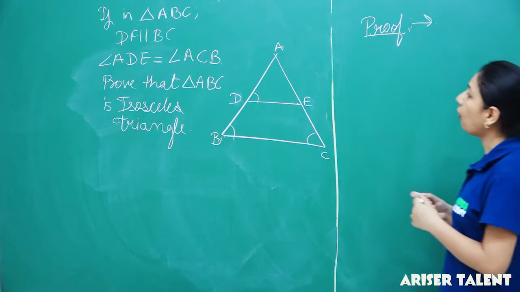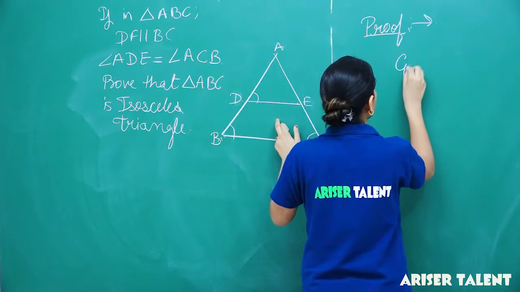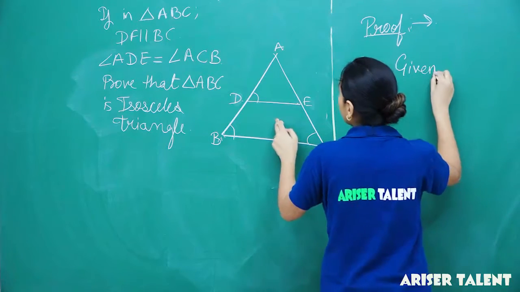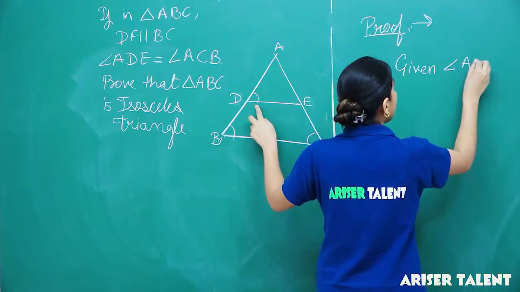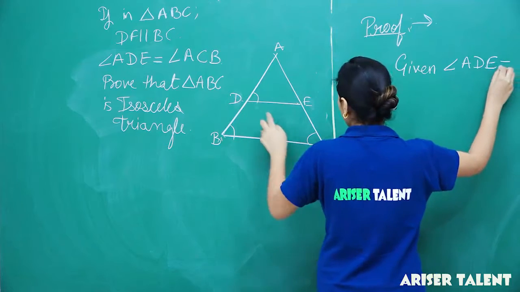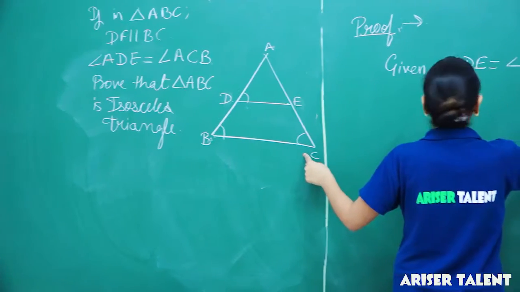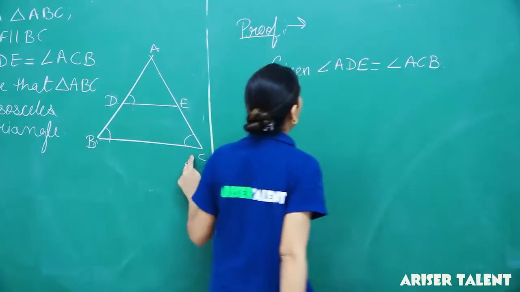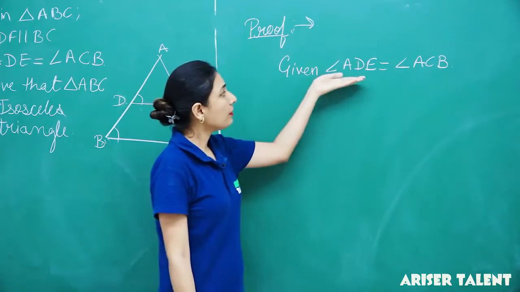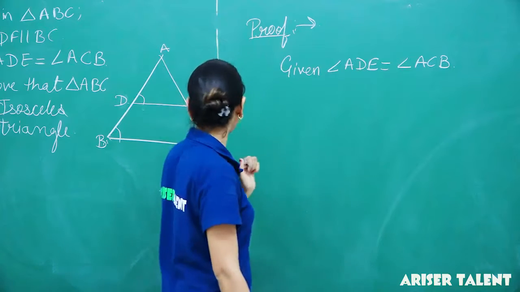So moving forward, we have been given that angle ADE is equal to angle ACB. Now we have been given this angle is equal to this angle.